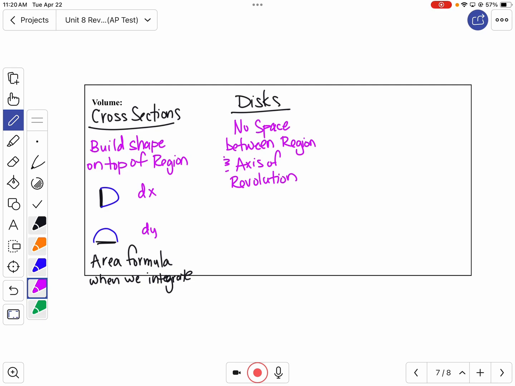Remember when we use a disc, that's a cylinder. That's volume of a cylinder, which is pi r squared times the height, our height being our dx or dy. So you're always perpendicular to the axis of revolution.